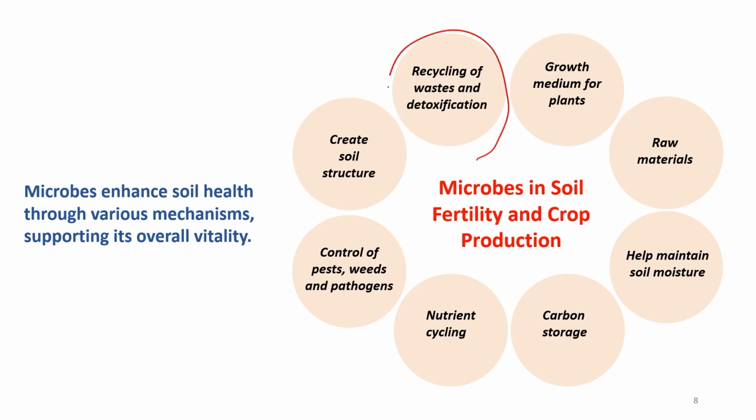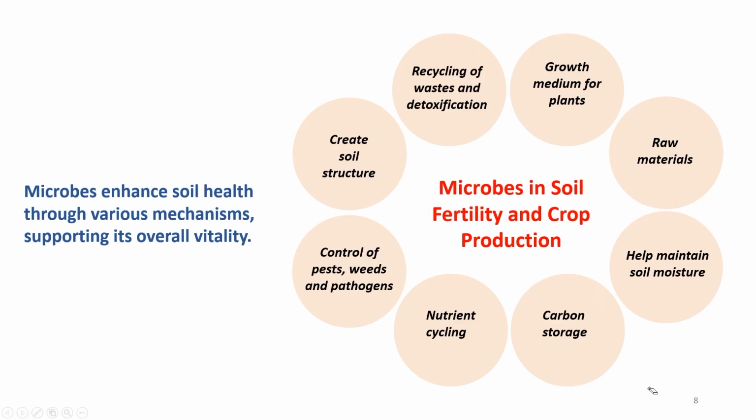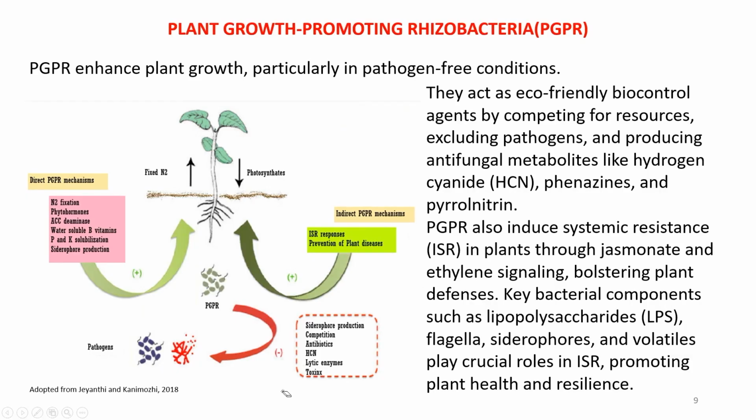Then they recycle waste and detoxify harmful compounds. They serve as the growth medium for plants, provide raw materials, help maintain soil moisture, and they also act as carbon storage and help in nutrient recycling, and many times control pests, weeds and pathogens, and this is very important for us in this particular lecture.